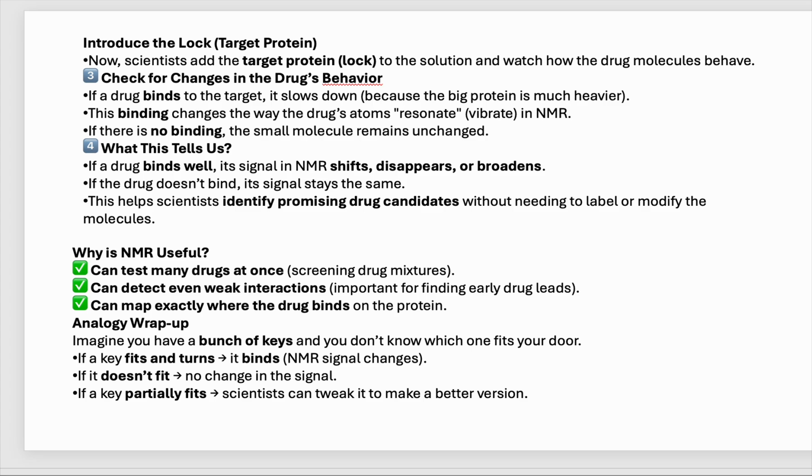NMR is useful because it can test many drugs at once. Obviously, that's why the other option, screening of mixtures, was right. It can detect very weak interaction, which is very good because that's what we are doing. And it can map exactly where the drug binds in the protein.